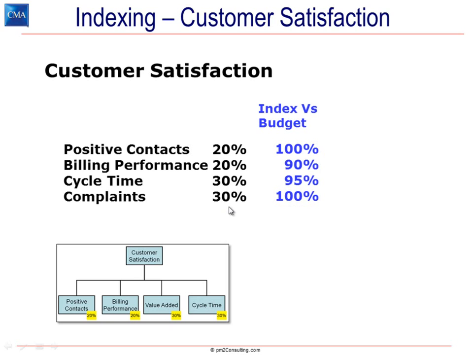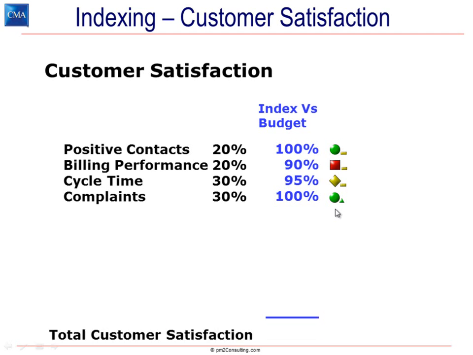If we take our actual performance, we're at 100% of performance against budget for positive contacts. We're at 90% of target for billing performance, 95% for cycle time, and 100% for complaints. So that would give us green, red, yellow, green, like that.